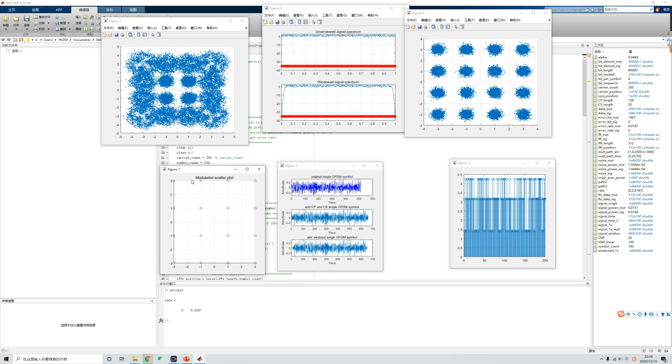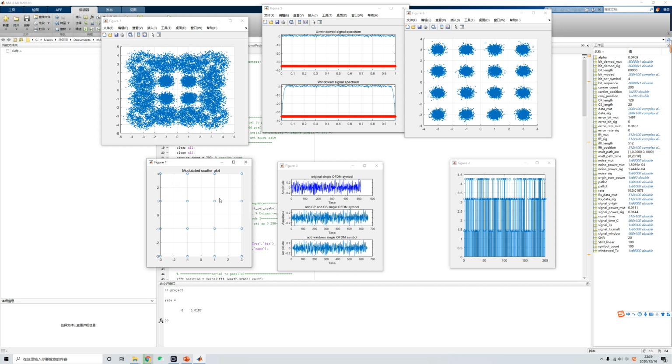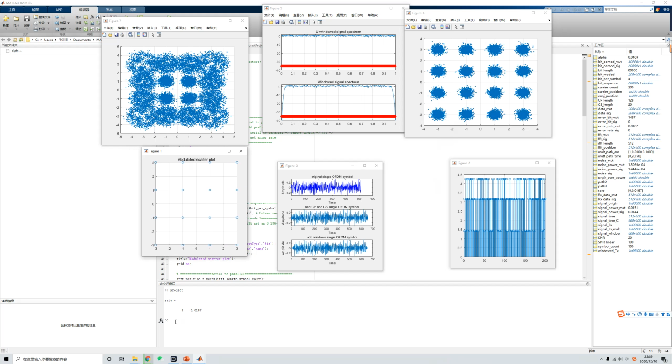The first one is a modulated scatter plot of the 0 to 1 random sequence, and the second one is the received one. And from the bottom we can see that we get an error rate of around 1.87%.